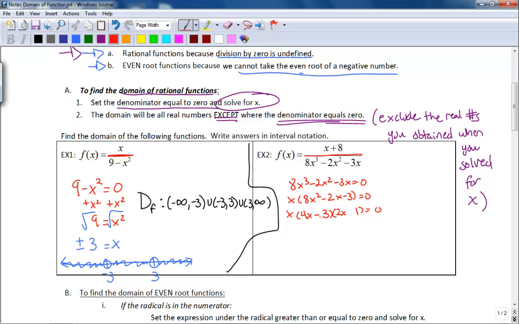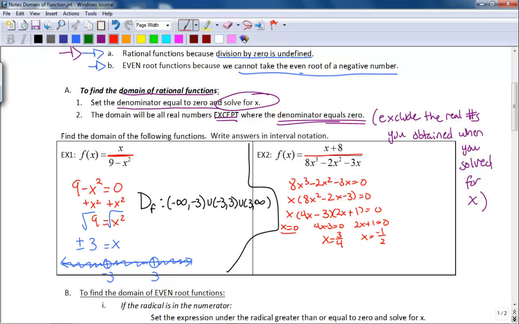So you're looking at 4x minus 3 and 2x plus 1. Set each one of these equal to 0 and solve them all for x. Here x is equal to 0, then 4x minus 3 is equal to 0, 2x plus 1 is equal to 0. So x is equal to 0, already solved. 4x minus 3 equals 0. If I solve for x, it's going to be positive 3/4. And 2x plus 1 equals 0. If I solve for x, it's going to be negative 1/2.